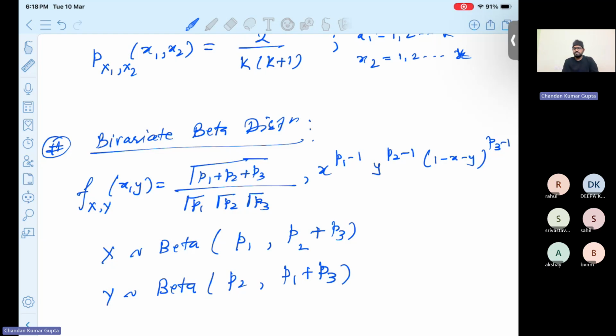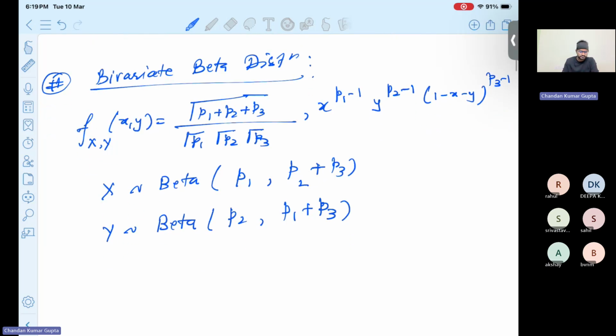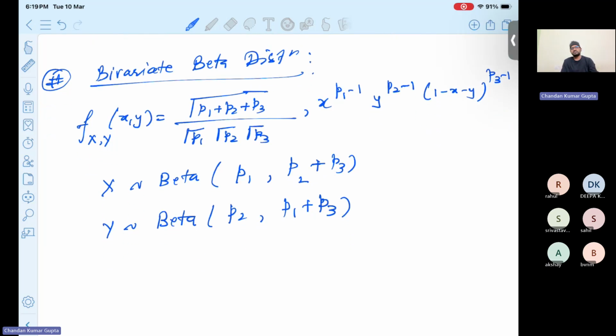Here P3 is jointly affecting both the x and y random variables. So x belongs to P1, y belongs to P2, and P3 belongs to both x and y. So these are some of the properties of different kinds of distributions.